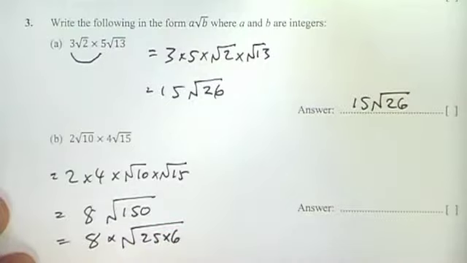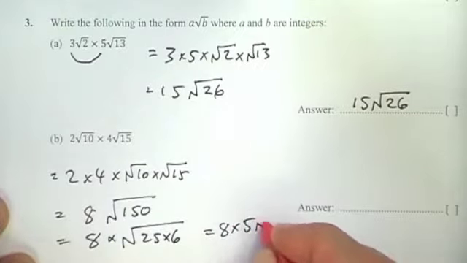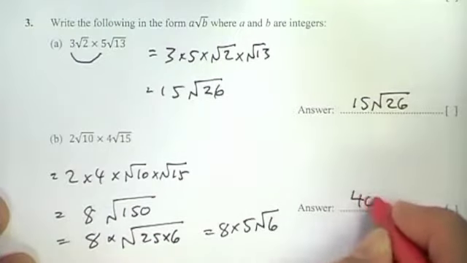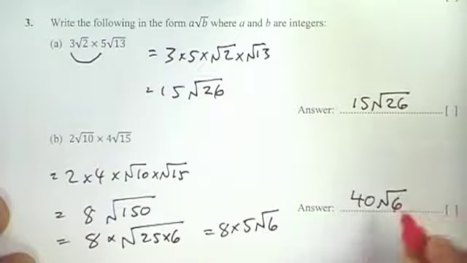Then we can work out the square root and take it outside, so that's 8 times 5 root 6, because the square root of 25 is 5, so that gives us 40 root 6 as the answer to part B.